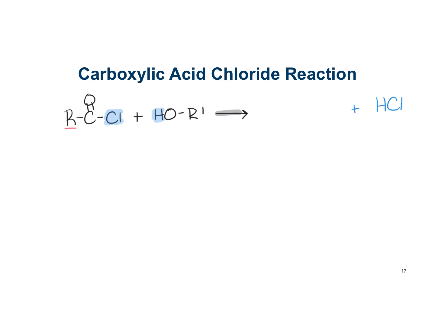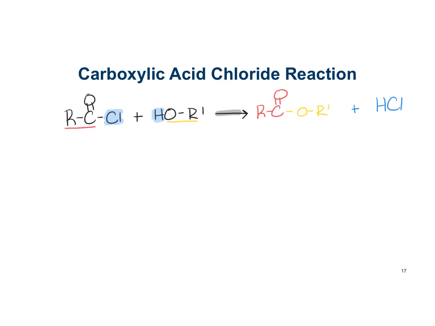Then we get this part of the molecule and this part of the molecule combined. And so now we've got the R, C double bond O, and the O and the R prime. And so those two parts of the molecule have come together.